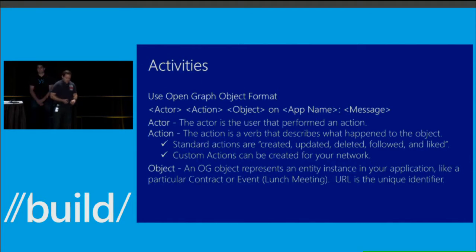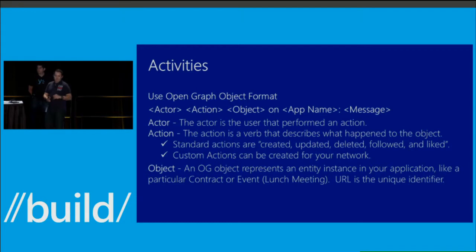So talking about activities, for any activity in the Open Graph object, we need a minimum set of information. We need an actor, which is the user that is performing that action. We need the action, which is basically a verb. We support some standard actions: create, update, delete, follow, and like. And through the website, you can create custom actions in case none of these fit what you want to do.